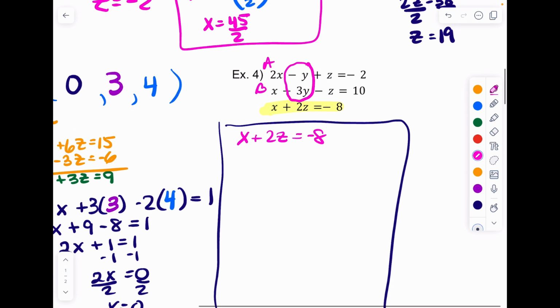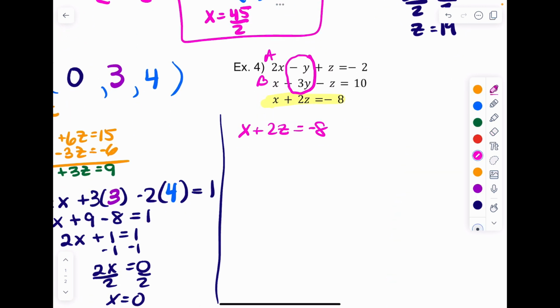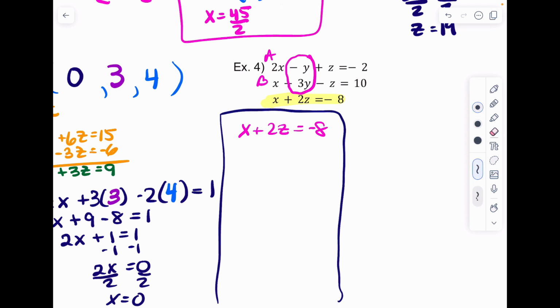So what we're going to do is we are going to take a and multiply it by 3, 3 times a, and then add that to b. And that should work in our favor. Okay.